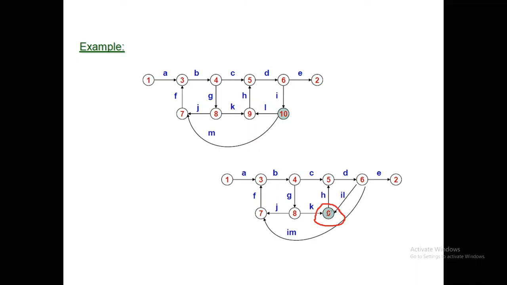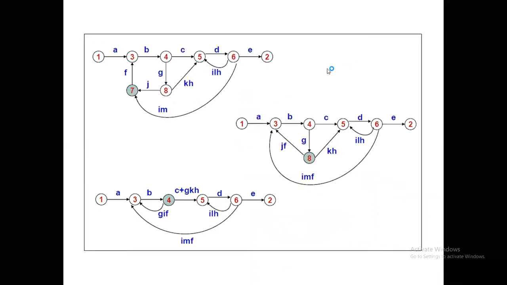If I remove this, the first one is 6 to 5, so directly you can write it like this: I, L, H. And similarly, a link is coming from node 8 to 9, so we write K, H, and we remove the 9. So this is the K, H, I, L, H.